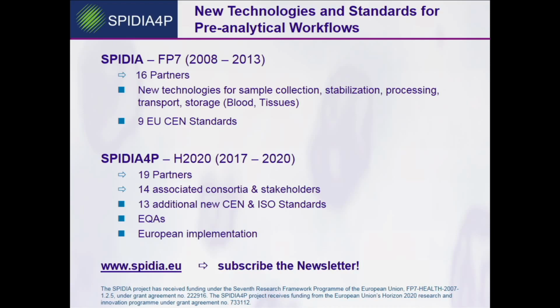The goal is to develop an additional 30 new CEN and ISO standards in addition to the 9 we already have, but also to develop the accompanying external quality assurance schemes to control the laboratories if they want to show that they are compliant and generate good quality samples. Another goal is also to implement all this in the European countries.